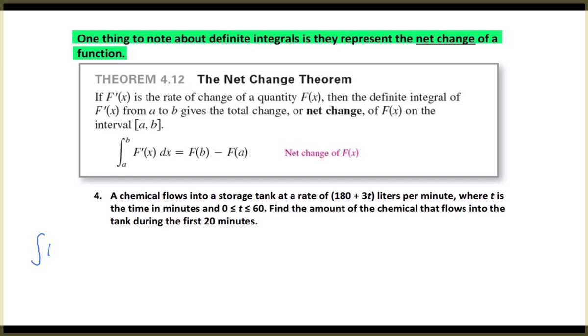So here's how we're going to work it. I put my function of t in there. Now, they're telling us t goes from 0 to 60, but that's not what they're asking us. I don't want from 0 to 60 minutes. I just want from 0 to 20. So I'm just integrating part of that.